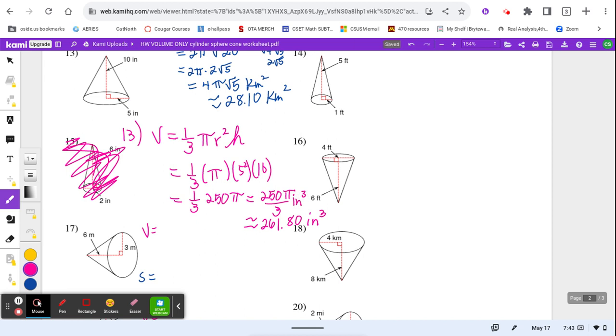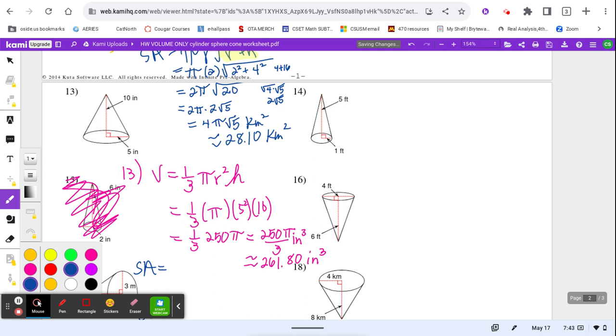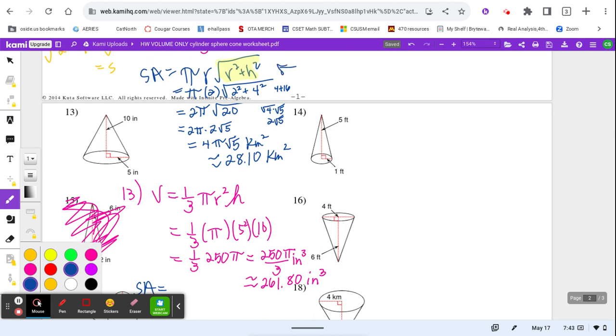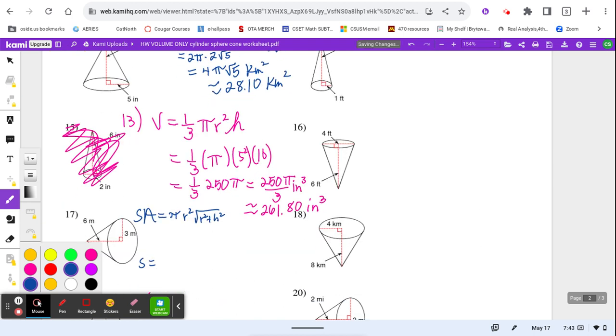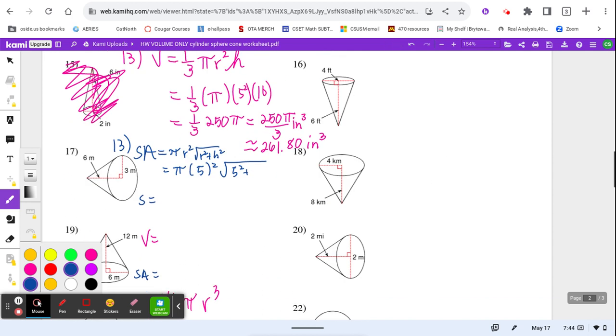All right, there's my two answers for volume. Now I'm going to squeeze surface area in somewhere. This is the one with the slant height that needs Pythagorean. So I'm getting it from right here. It's pi radius squared times the slant height, where we use the Pythagorean. And again, this is for number 13 squished down here. So we've got pi times the radius of 5 squared times the square root of 5 squared plus, see the 10 right there?